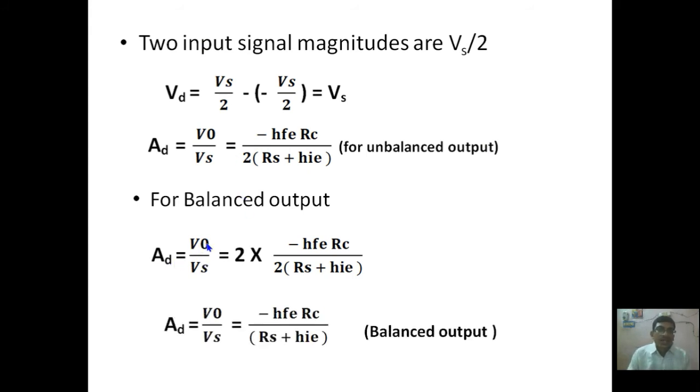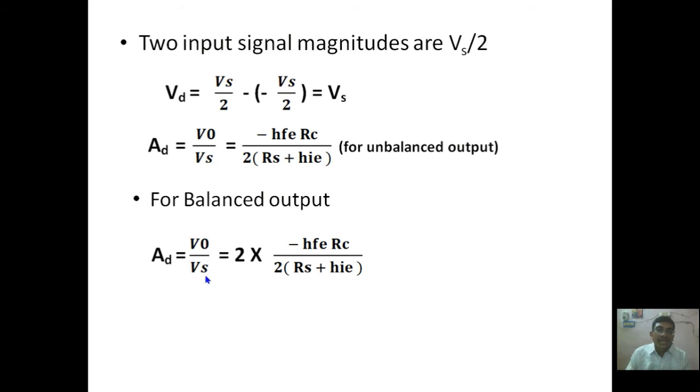Therefore, AD is equal to V0 divided by Vs, which is equal to 2 into minus HFE RC by 2 into RS plus HIE.